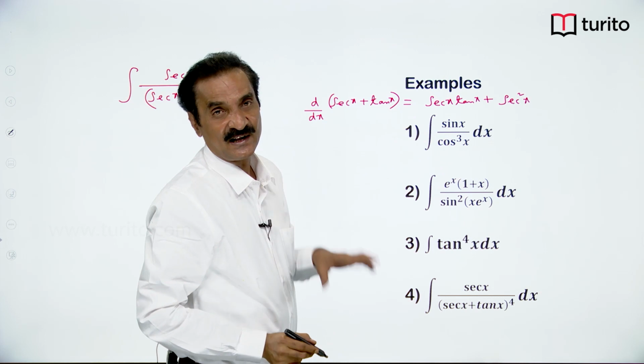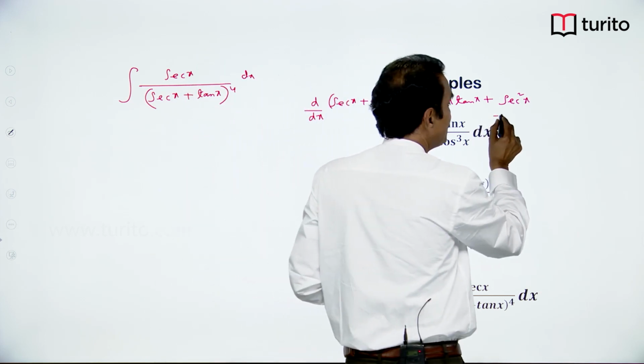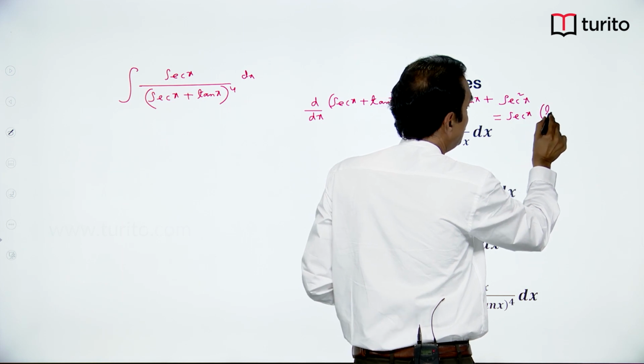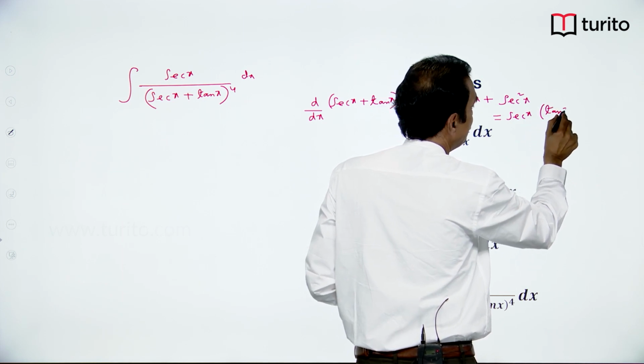Then taking secant x common, it becomes secant x into tan x plus secant x.